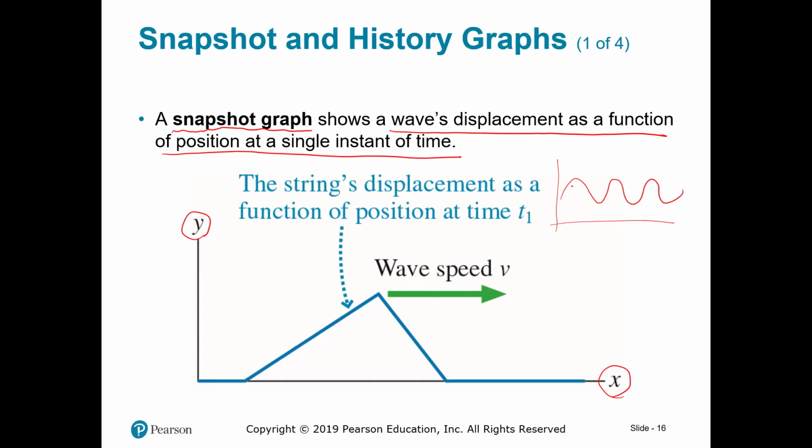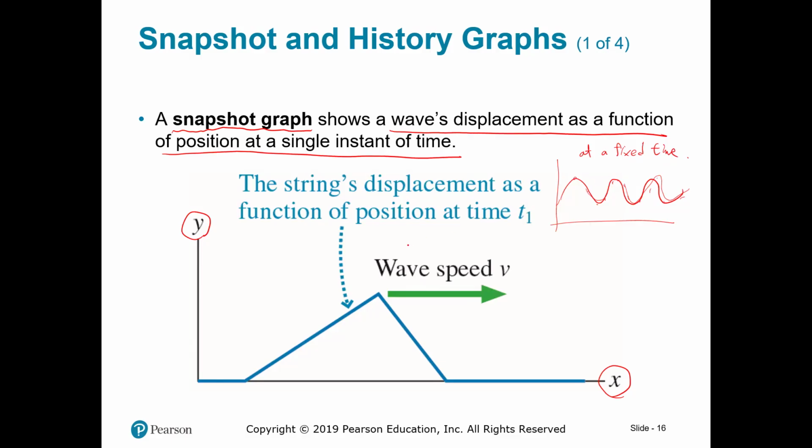This is exactly what you're going to see. The wave is moving this way, and then you take a photo. So the snapshot graph is because you take a photo at a fixed time. So this is the exact physical position of each wave.